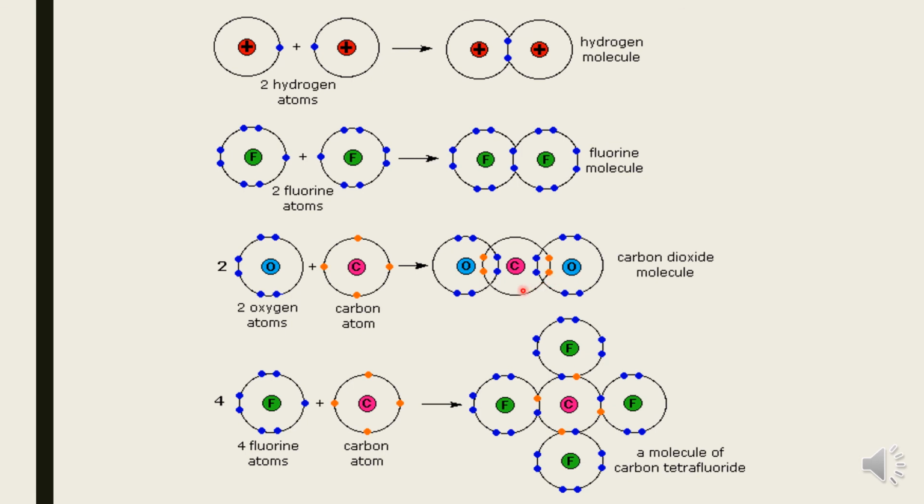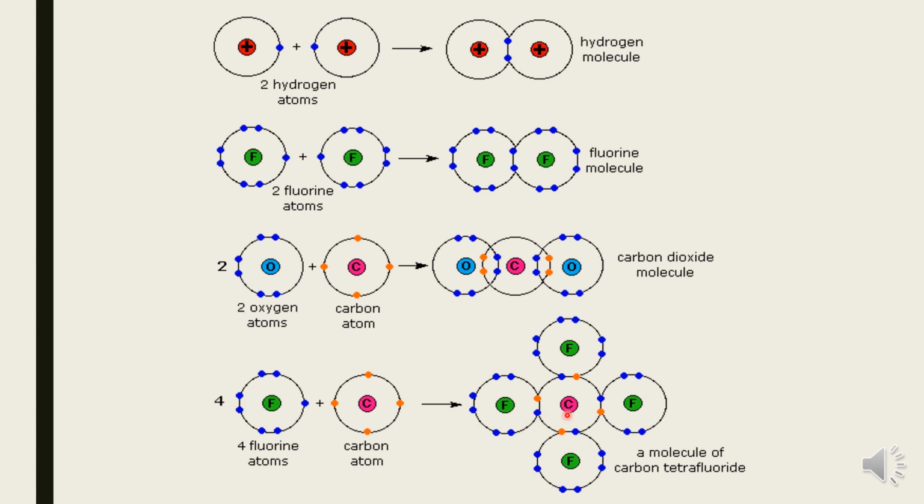And the last one, CF4, carbon tetrafluoride. Fluorine containing 7 electrons in the outermost shell, carbon containing 4 electrons in the outermost shell. So carbon will indulge in single covalent bonds with 4 fluorine atoms.